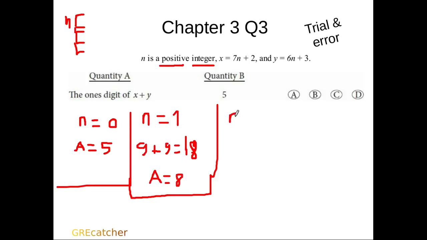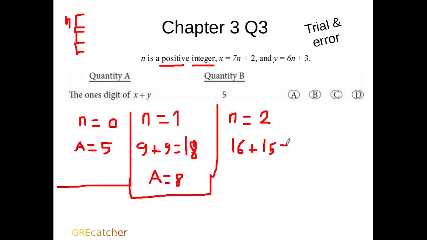But let's try another one. Let's try n equal to 2. Now, 7 times 2 is 14, and 14 plus 2 is 16. Then for y, 6 times 2 is 12, and 12 plus 3 is 15.